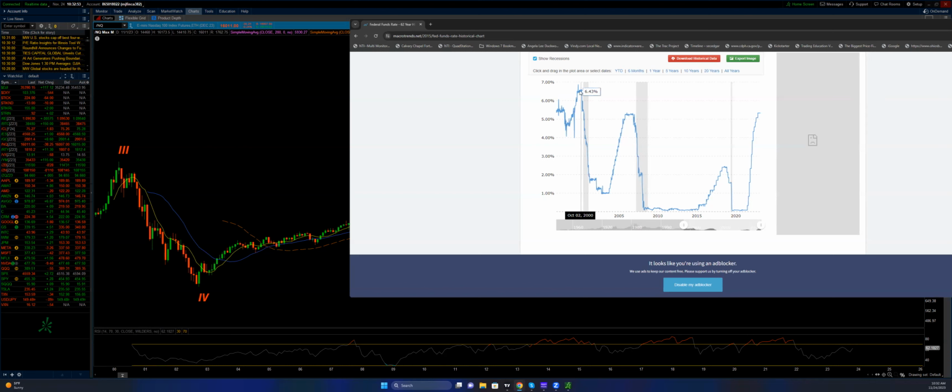It started at 6.5. The market crashed all the way down. When it got to the bottom, they were at 1 3/4 and continued to drop. And then the market started to react. By the time we got up to 2006, 2007, here we are, July of 2007, Fed funds at 5 1/4.